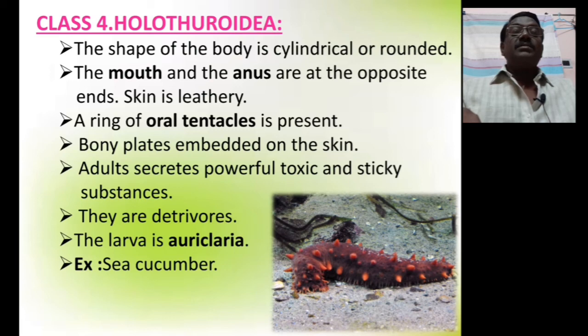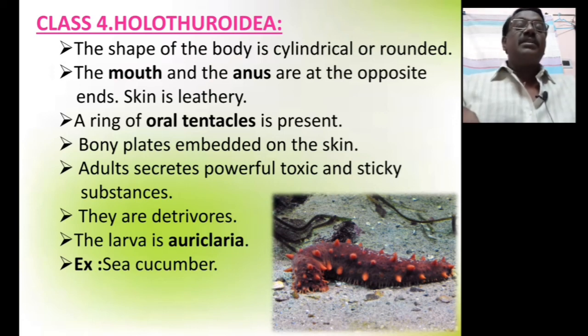And the last class of the subphylum is HOLOTHUROIDEA. Holo means empty. So these animals have a cylinder-like body, and it looks like an empty space in the central region. So the name was coined as HOLOTHUROIDEA.